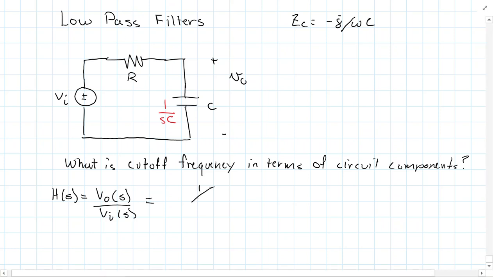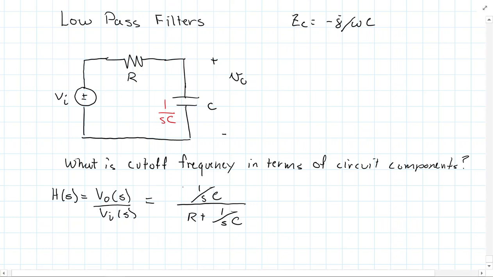So I have 1 over S times C over R plus 1 over S times C. Now, you might think I'm going to multiply through everything by S times C, and I'll go ahead and do that.